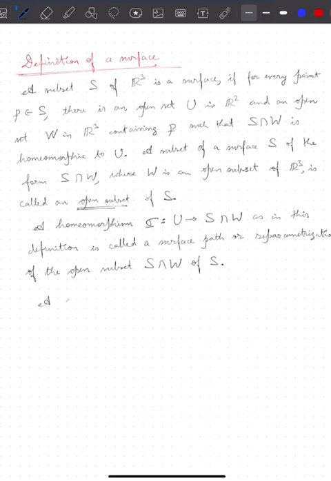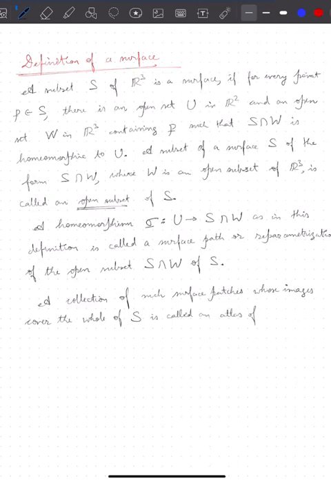And then we have a collection of such surface patches whose images cover the whole of S, and that is called an atlas of S. Okay.